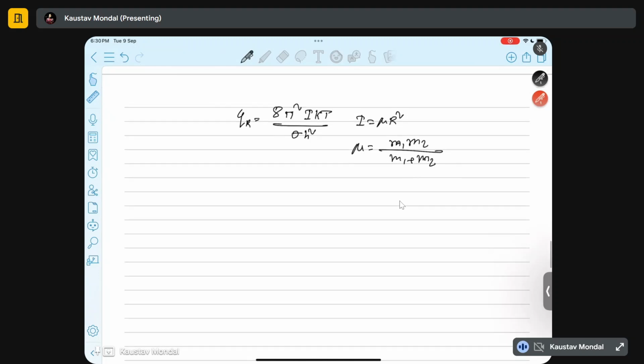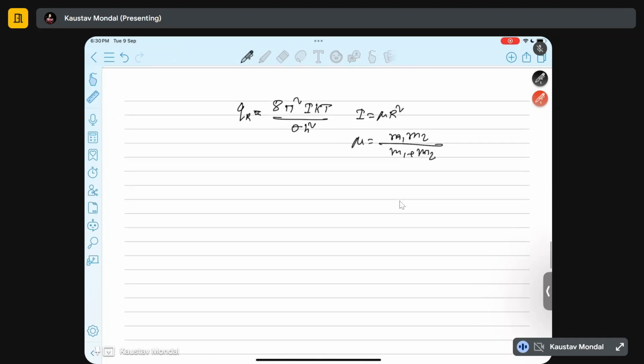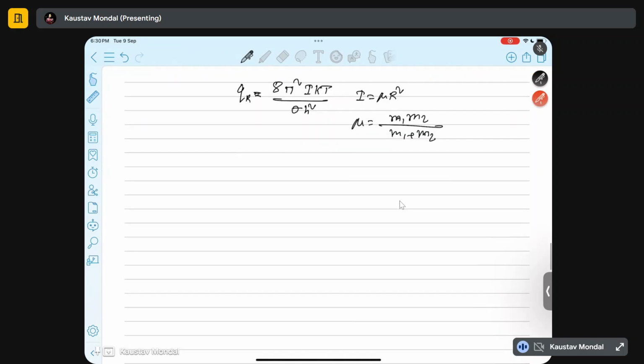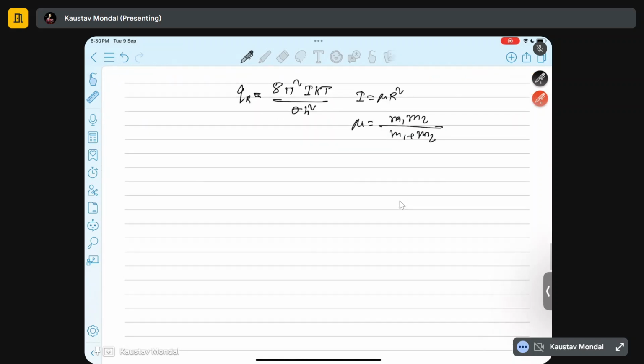So this is the expression of the rotational partition function. Now, the first thing is you can evaluate the moment of inertia. In order to calculate the moment of inertia, you have to have the value of the reduced mass mu.